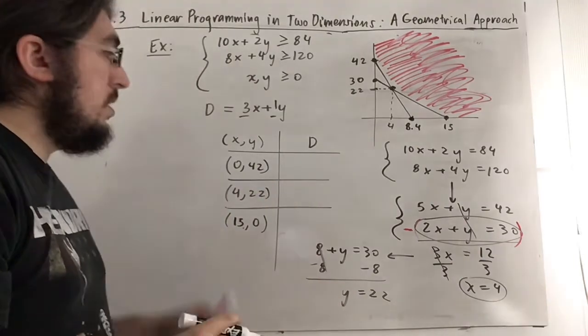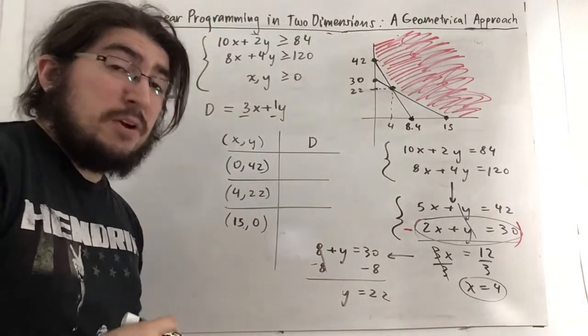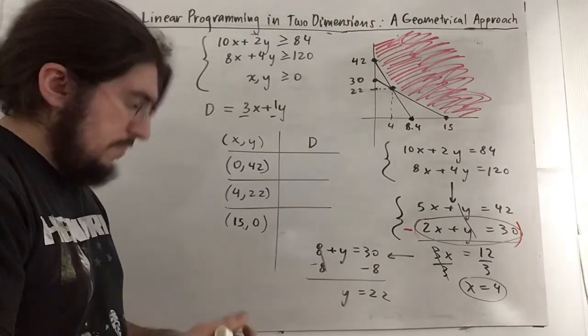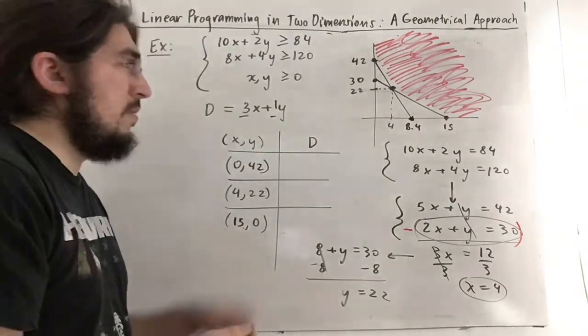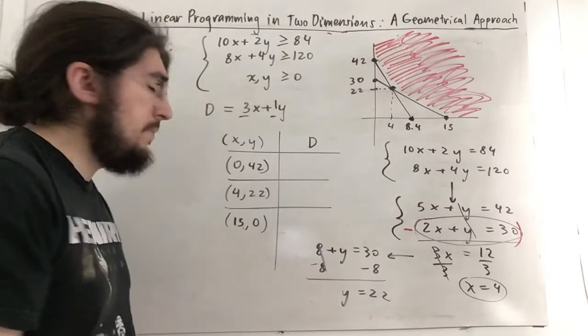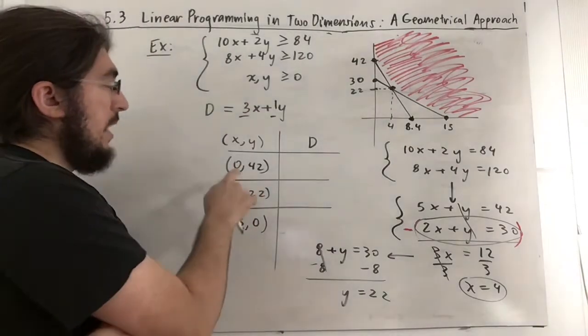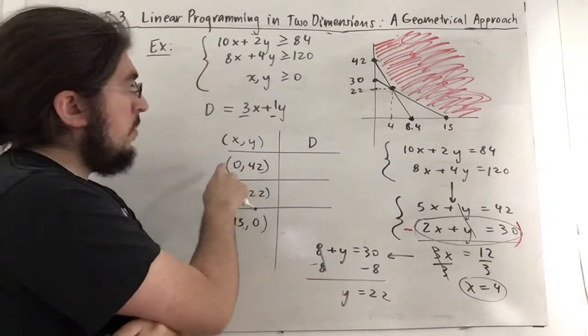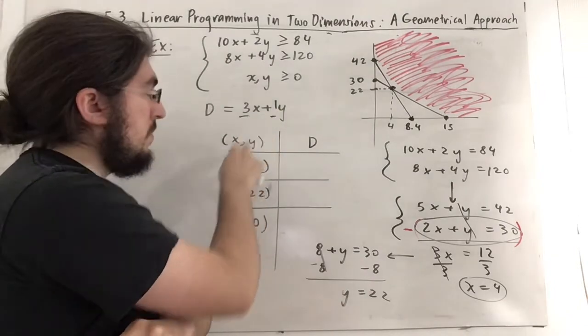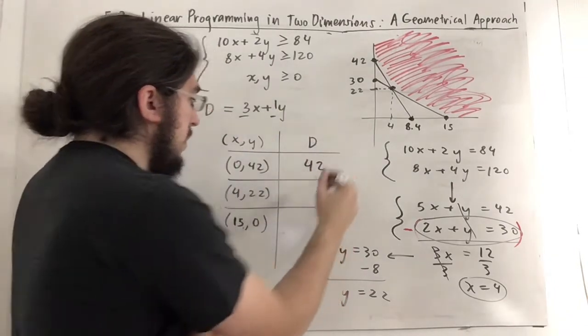Great. So now let's actually plug them into D and figure out which one is the minimum, because we want a minimum. We only have a minimum here because it's unbounded. Okay. When x is 0 and y is 42, we have 3 times 0 plus 1 times 42, so D is 42 only.